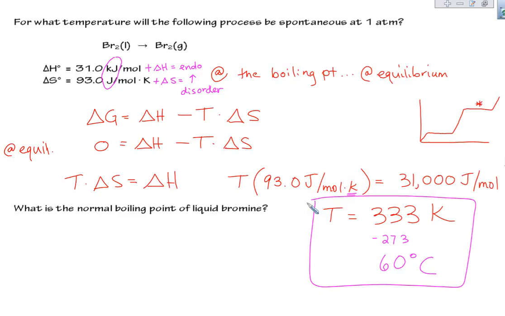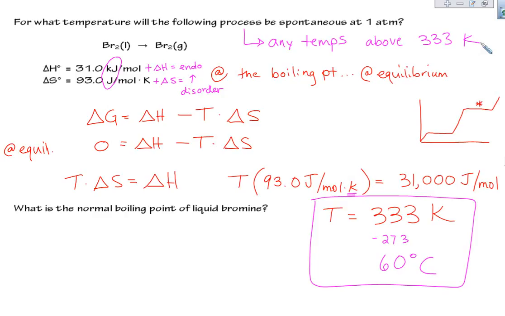For what temperatures will the following process be spontaneous? Well, at 330 Kelvin, delta G is 0. So we would say at what temperatures? Any temperatures above 333 Kelvin, then this thing should be spontaneous.